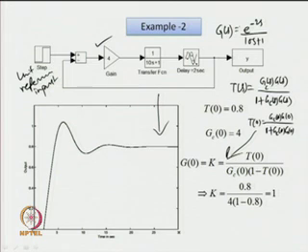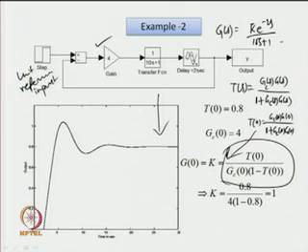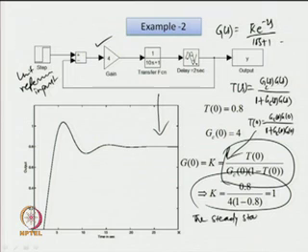The transfer function model of the plant has a steady state gain of k, so G(0) is equal to k. When s is equal to 0, these terms will not be there, so ultimately G(0) becomes k. Then G(0) can be estimated from the equation k is equal to T(0) upon G_C(0) times (1 minus T(0)), which gives 1. So, the steady state gain of the transfer function model of the process dynamics is equal to 1.